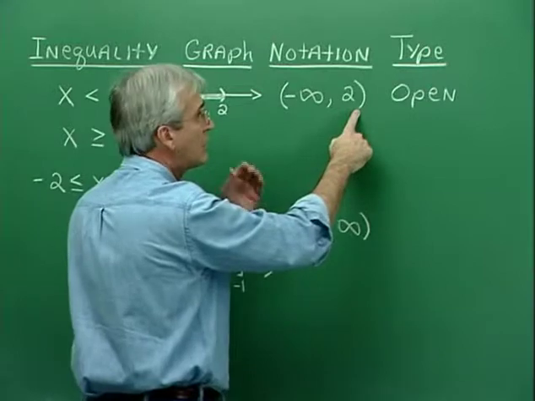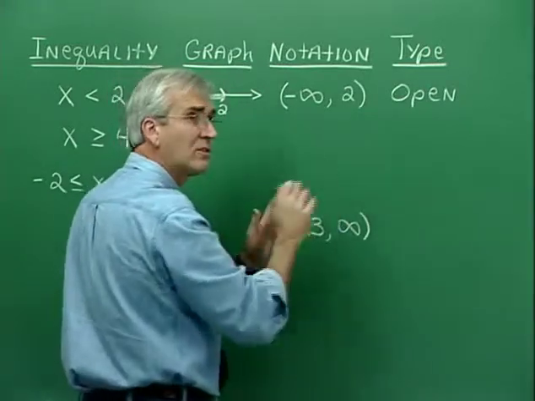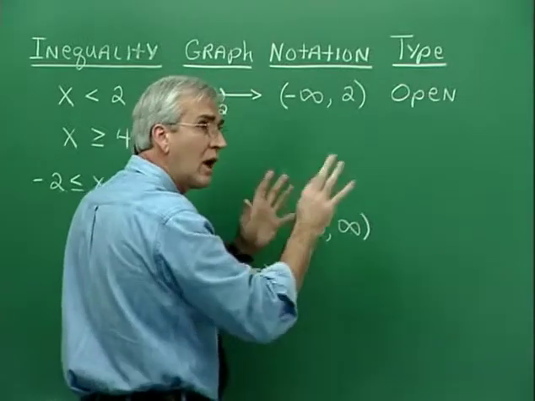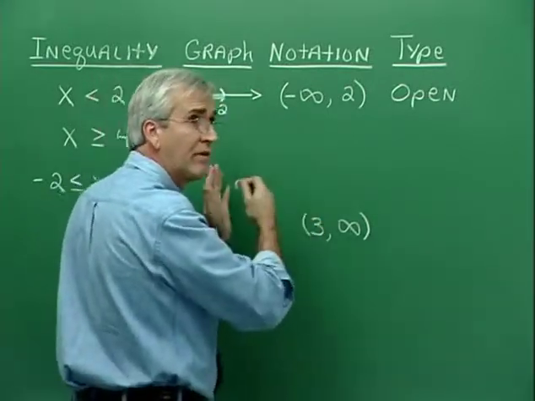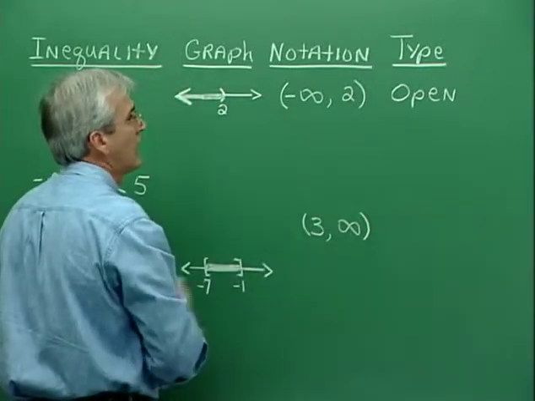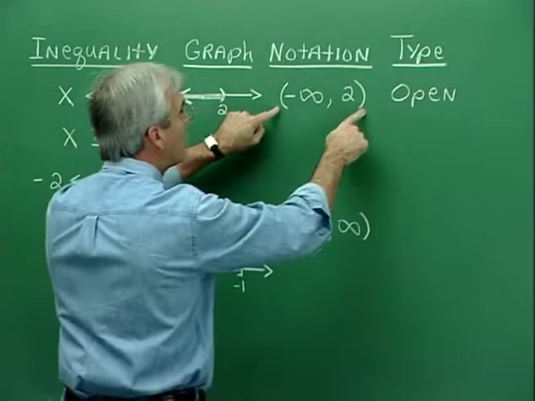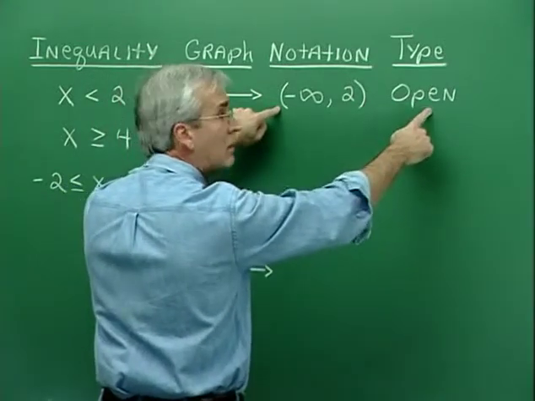We say that this end of the interval is open because there is no last item. You see, the 2 is not included here. And since there is no last item for infinity, we use the open indicator on that end as well. Now, since both ends of the interval notation are said to be open, this is called an open interval.